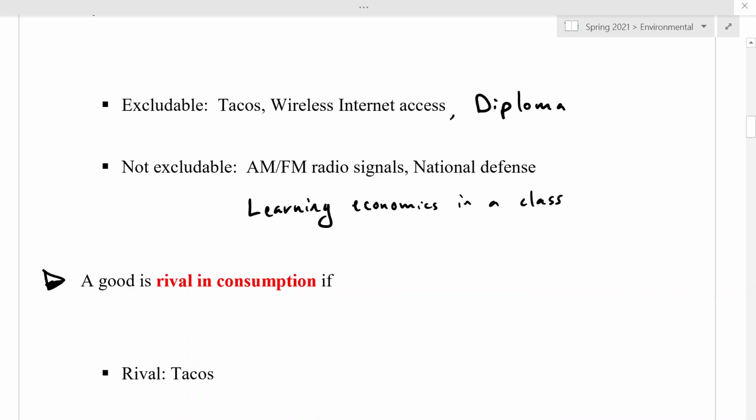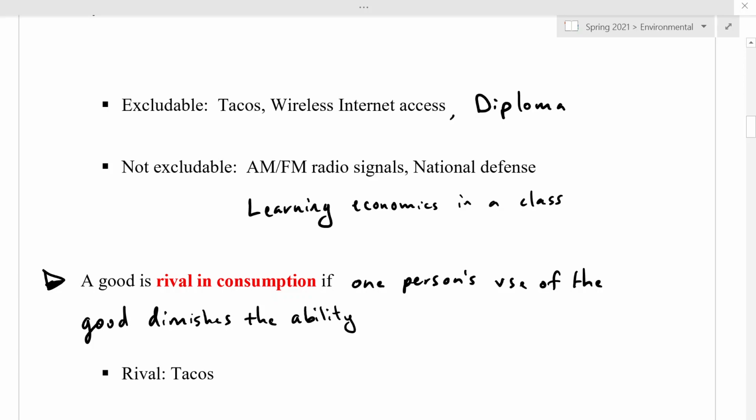And so a good is rival in consumption if one person's use of the good diminishes the ability for others to use or consume it. Okay, another example, some more examples.